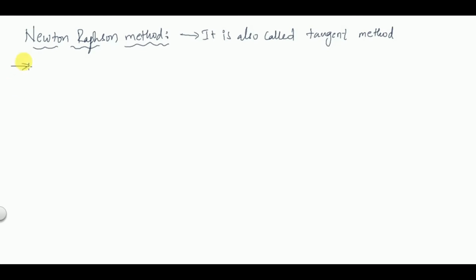And so this method, that is Newton Raphson method, is more sensitive to initial value.